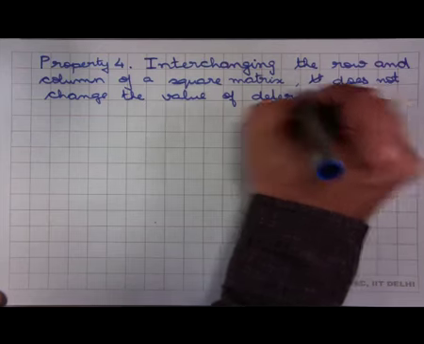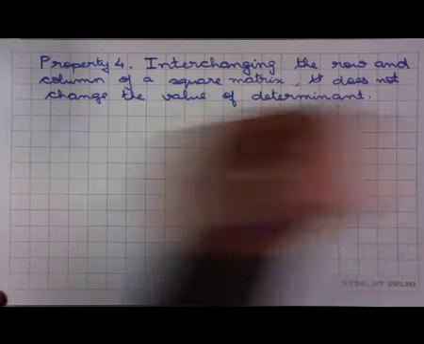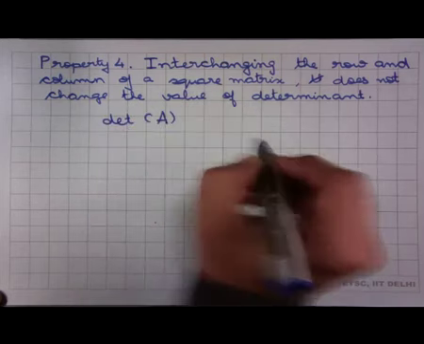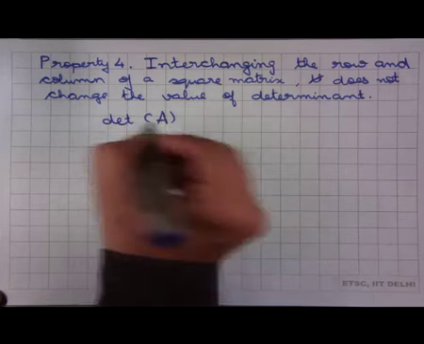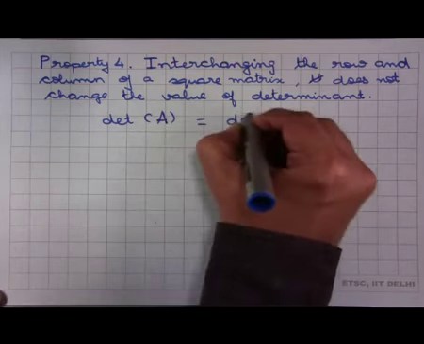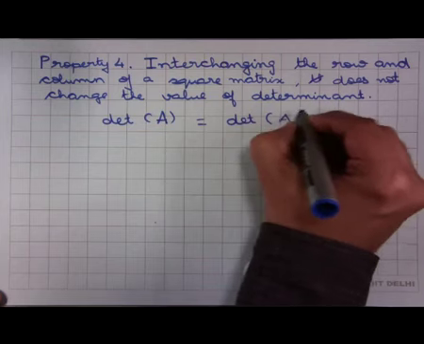In other words, the determinant of a square matrix A, where we are using determinant as a notation for calculating the determinant, is equal to the determinant of its transpose.